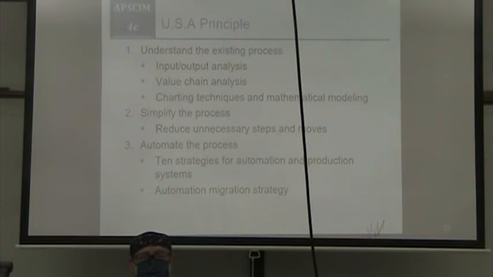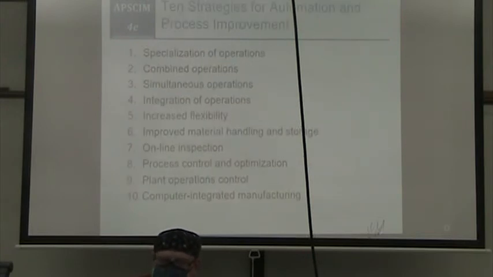Simplifying the process, obviously we're reducing unnecessary steps and things that need to be done, using our lean principles, our common sense, and automating the process, the 10 strategies for automation and production systems, and the automation migration strategy.